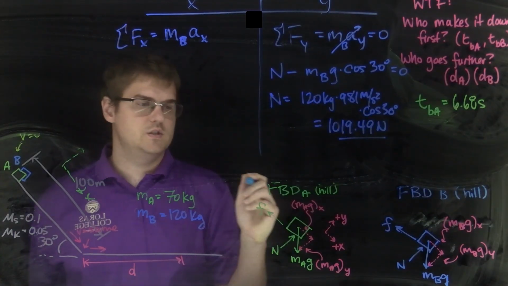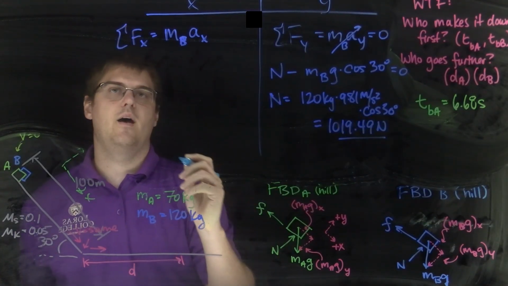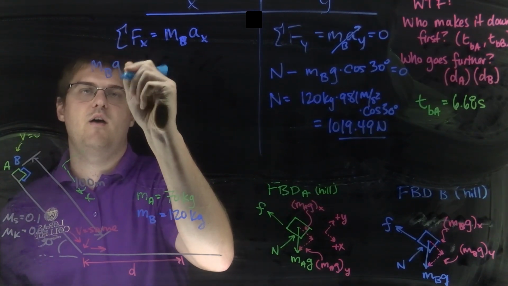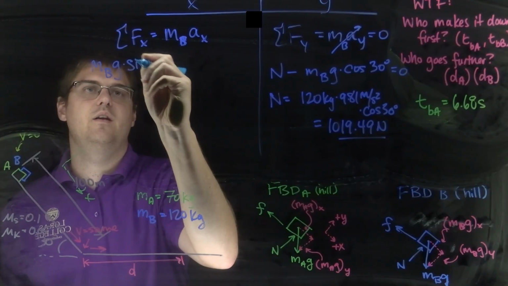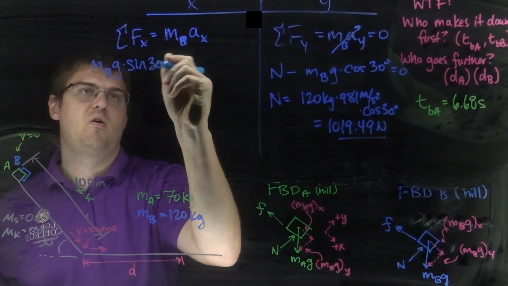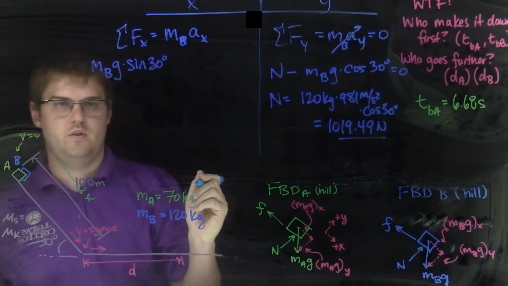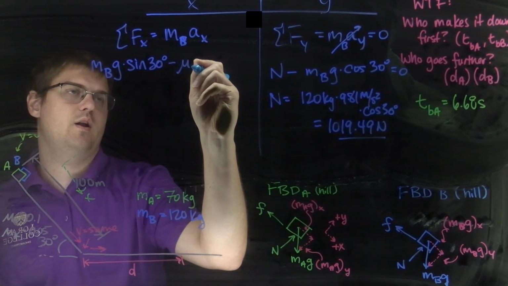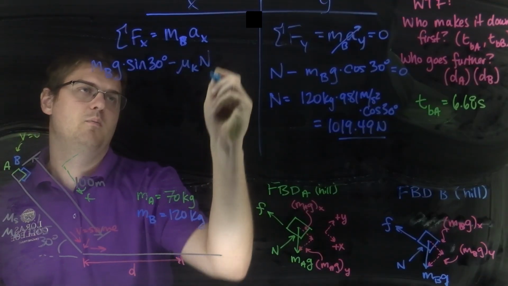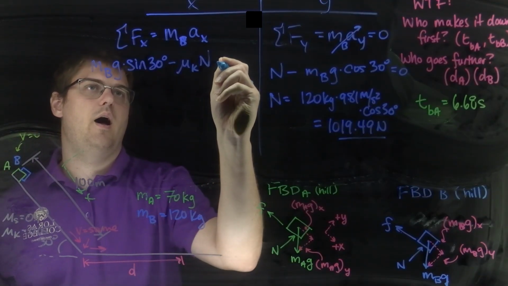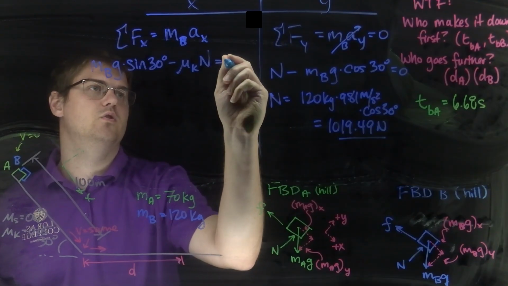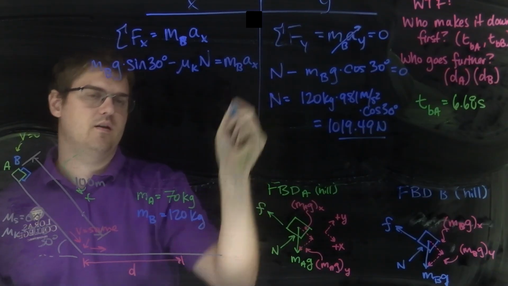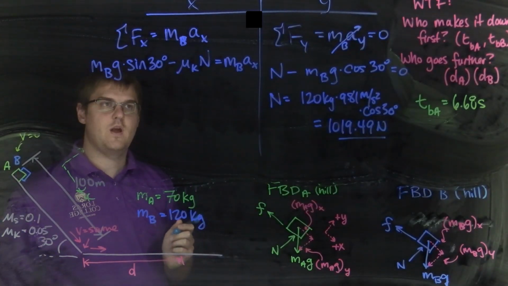So sum of forces is going to be, I have my mass of B times gravity times now sine of 30 degrees. So with that, I then subtract my friction. I'm going to go ahead and straight up write it as mu k times my normal force is going to be equal to mass of B times acceleration of B in the X. Great.